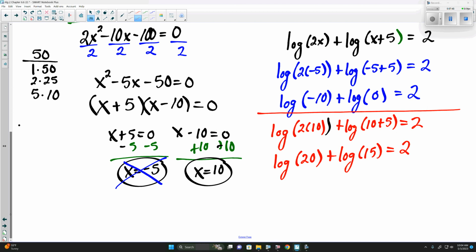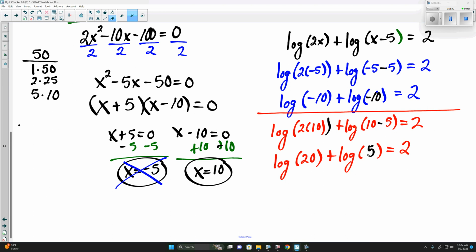Sorry. I was wondering why this didn't seem right, and that's because this isn't plus, this should be minus, and that should be negative 10, okay, minus 5. Yep.